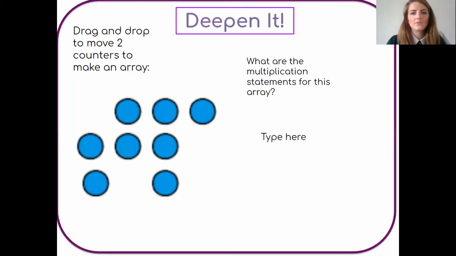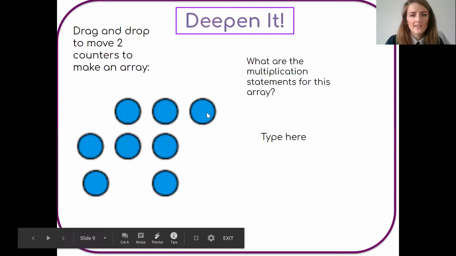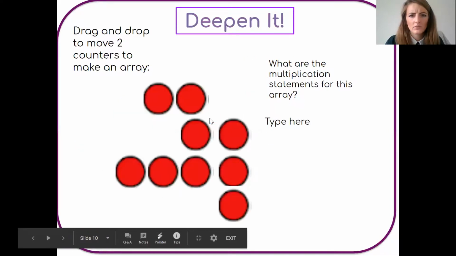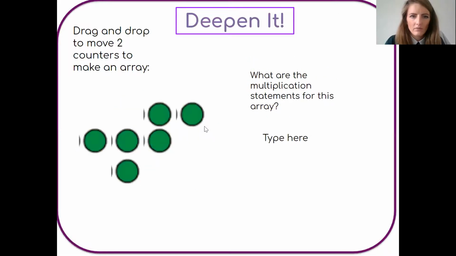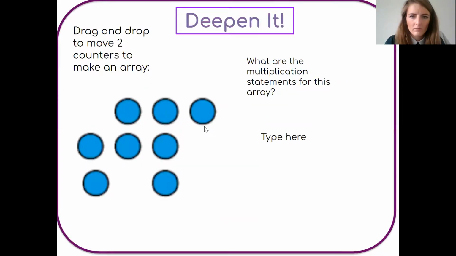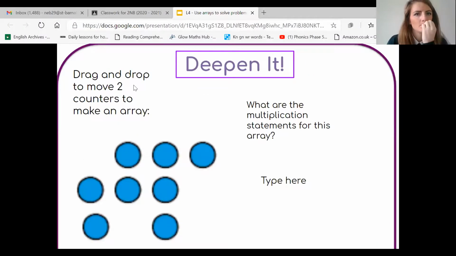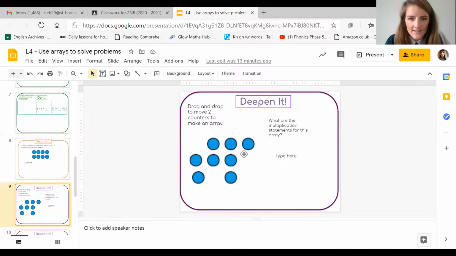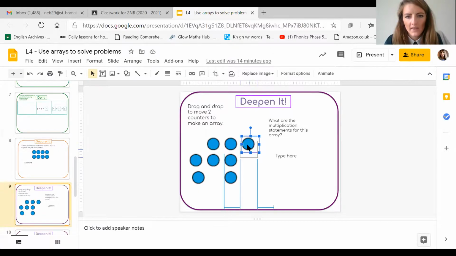Okay, so this one, on your slides, you can actually, oh, it doesn't let me do it. I thought it might. Okay, for this one then, I did try and set it up as a drag and drop. So if you're not on present mode, like here, if you go into the editing mode, you can actually move these circles to where they need to be.